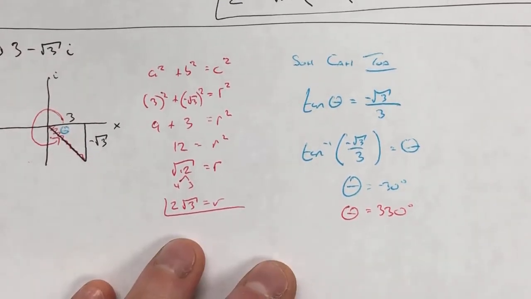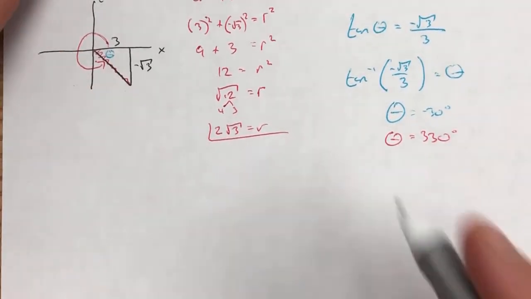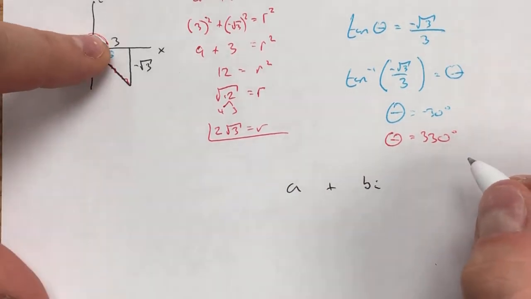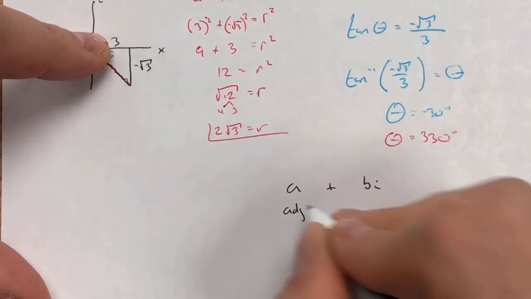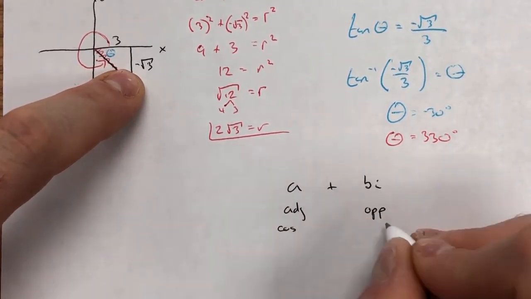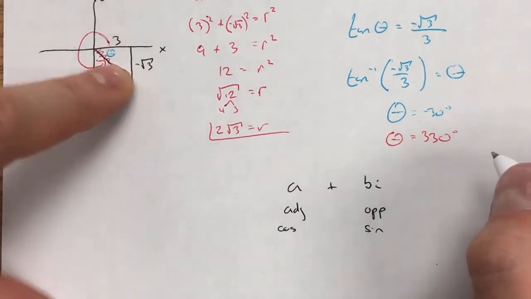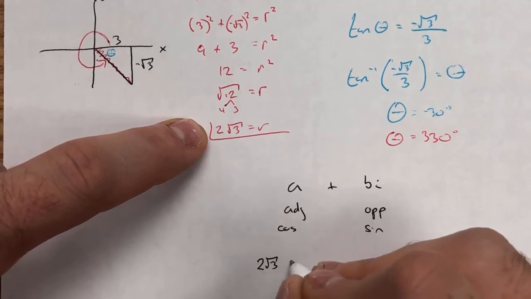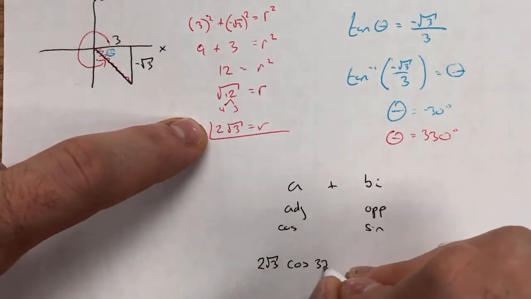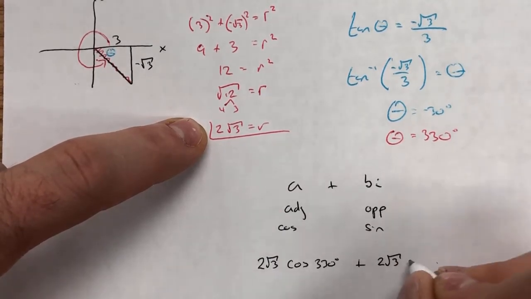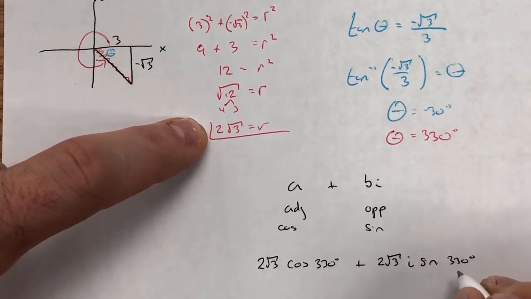Again, trigonometric form, what we're going to do is say I want this to be in a plus bi format. My a is 3, which is my adjacent side. My imaginary term is my opposite side, which deals with cosine and sine respectively. So I'm going to say my modulus, which is 2 root 3, cosine of 330 degrees, plus 2 root 3, i, sine of 330 degrees.